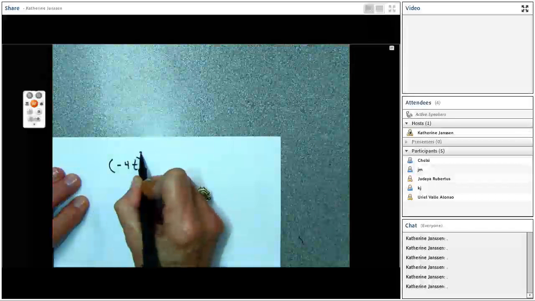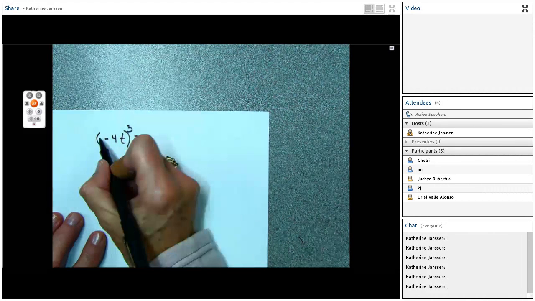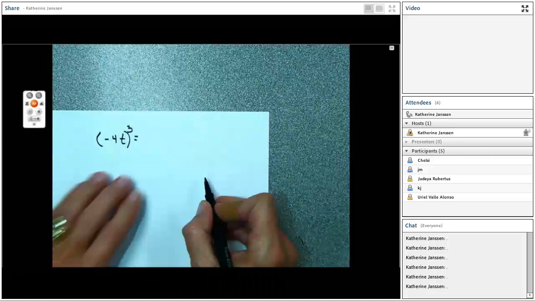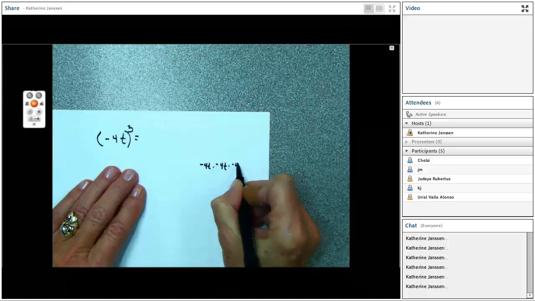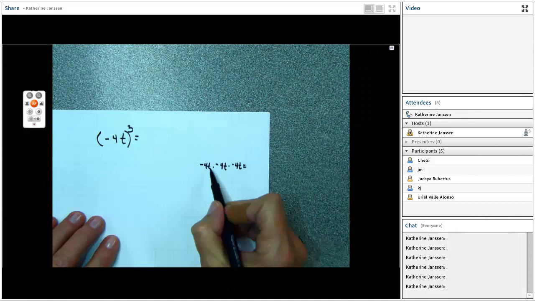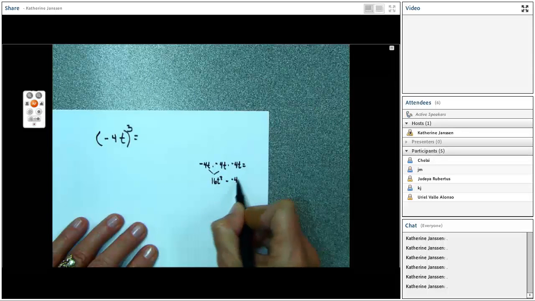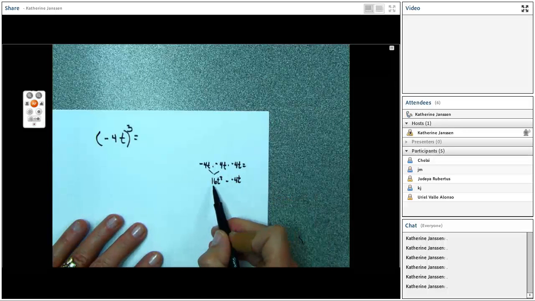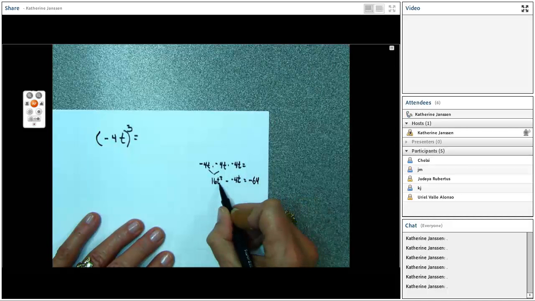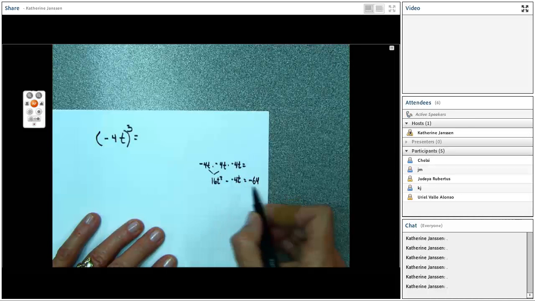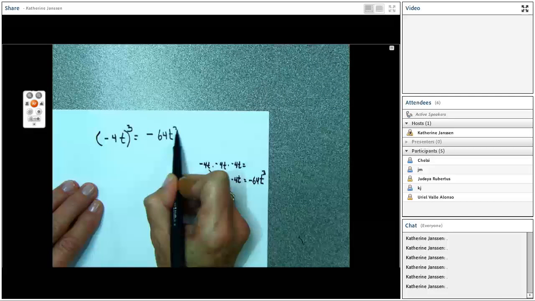-4t, the quantity cubed. So I have a clue. I have a negative base, right? It's -4t times itself how many times? 3. And a negative times a negative is going to be positive. 16t squared times a -4t. 4 times 16 is 64, for a -64, and t squared times t is t cubed. So I have -64t cubed.